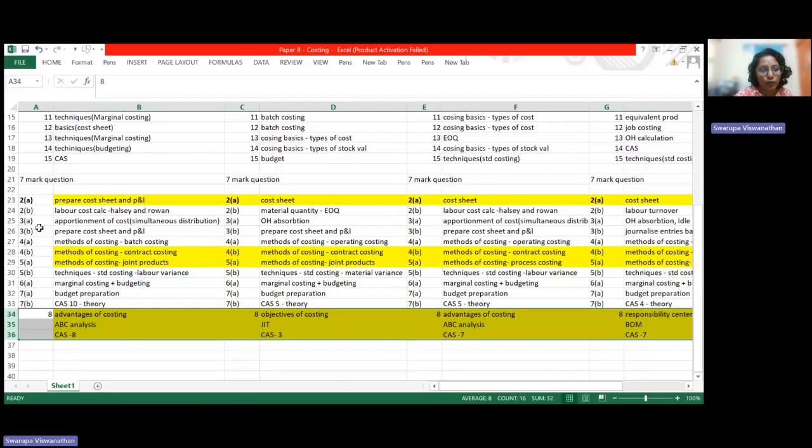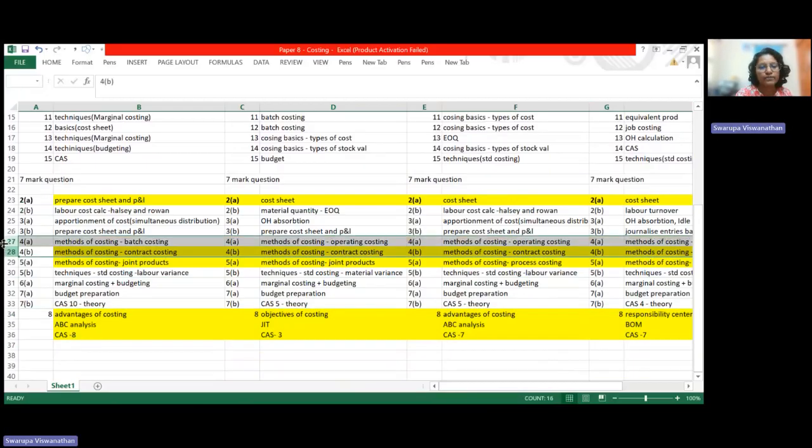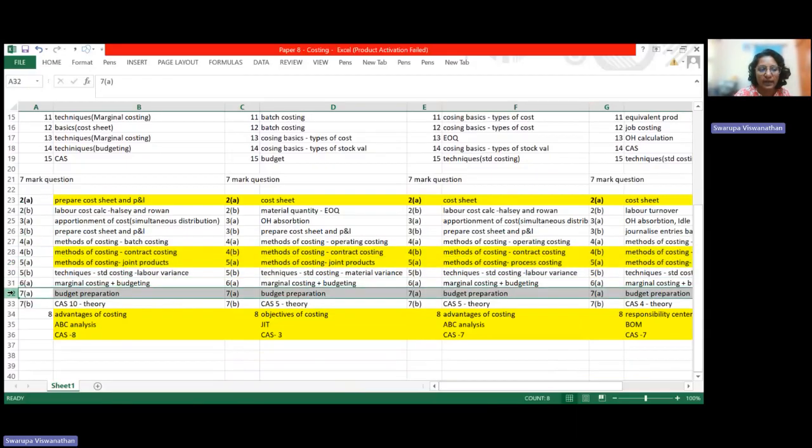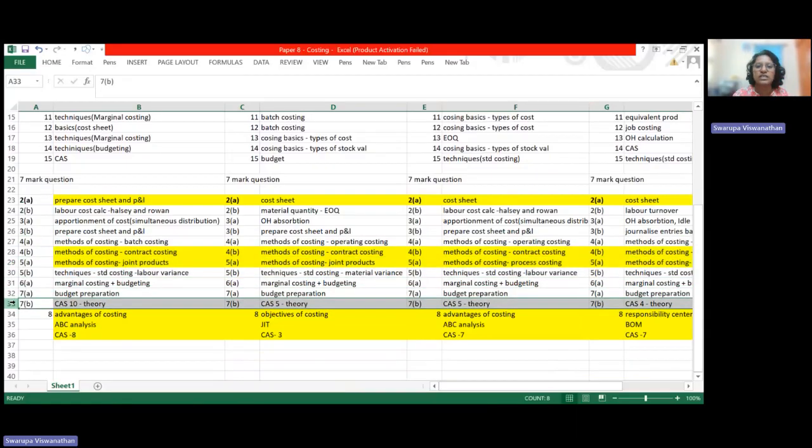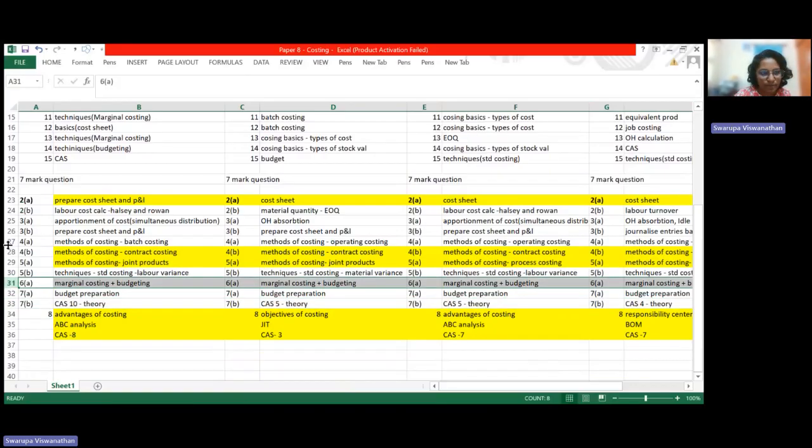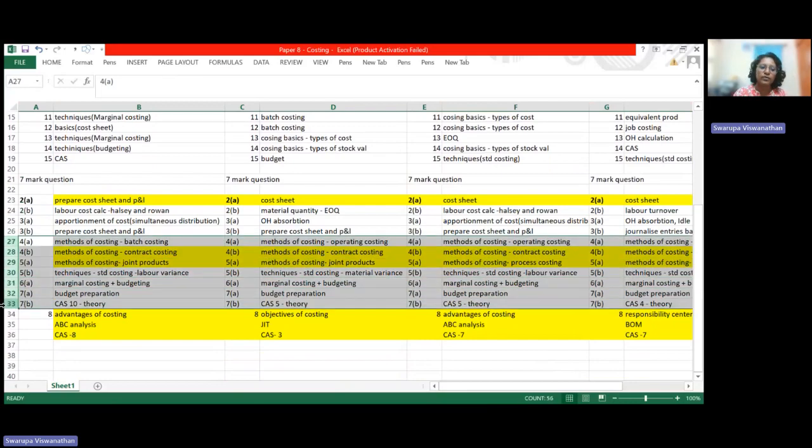You can attempt 4A, which is methods of costing. You will be able to attempt 5 completely, 5A and B, which is method and technique of costing. You will be able to attempt 7A and B, which is again technique of costing and the accounting standards. Then you will be able to attempt 6A as well. So 4 questions you will be able to attempt.